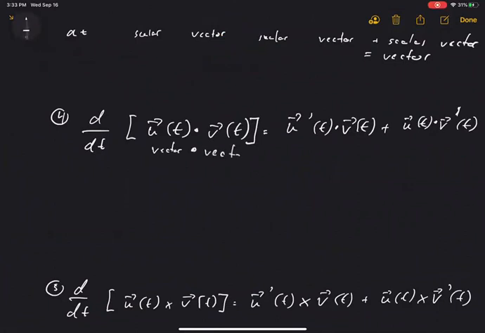What does that give me? That gives me a scalar, right? Well, it turns out when I take that derivative, I get u prime dot v plus u dot v prime. So this gives me a scalar plus a scalar. So output is a scalar.